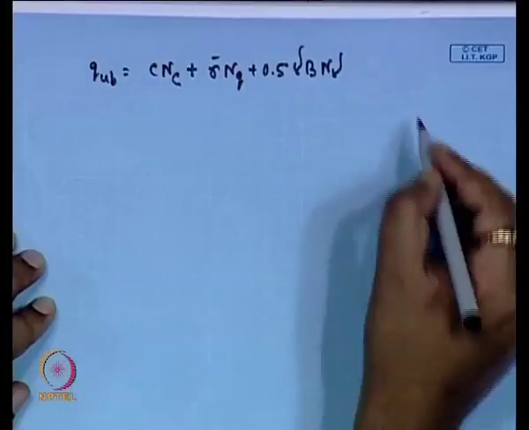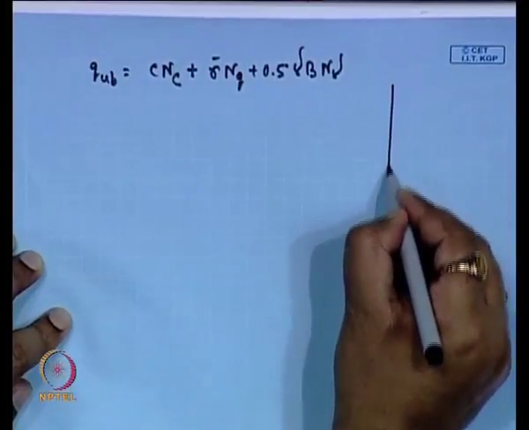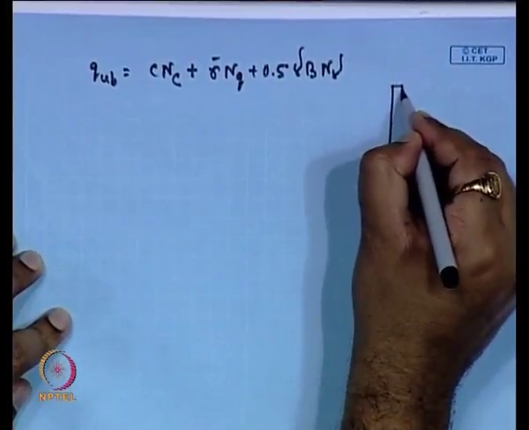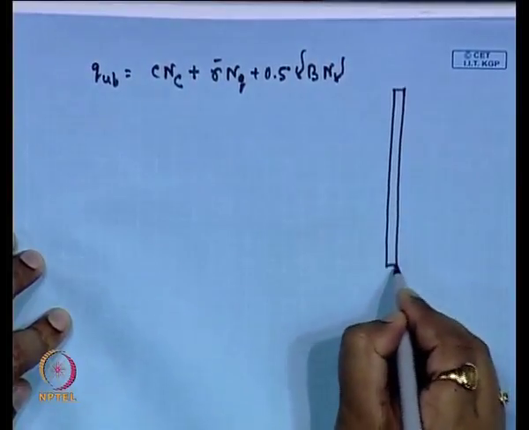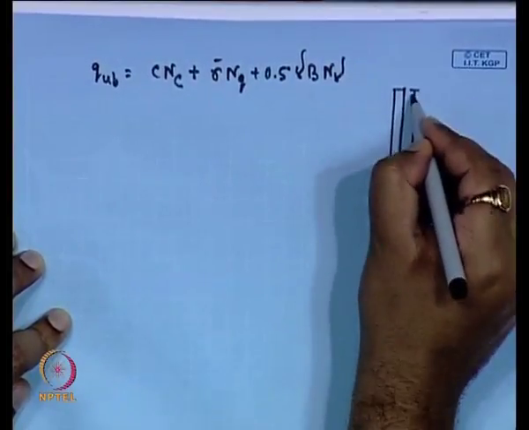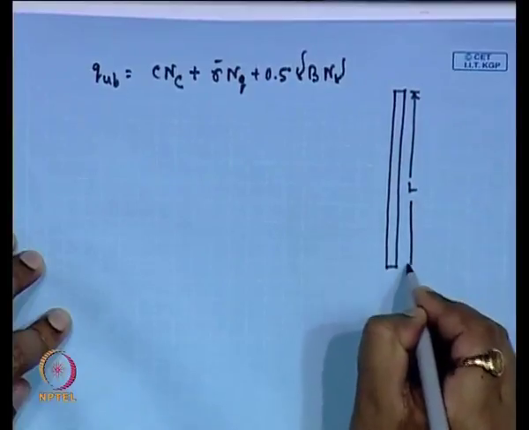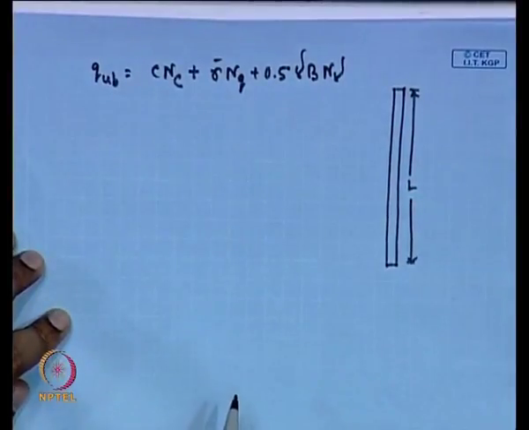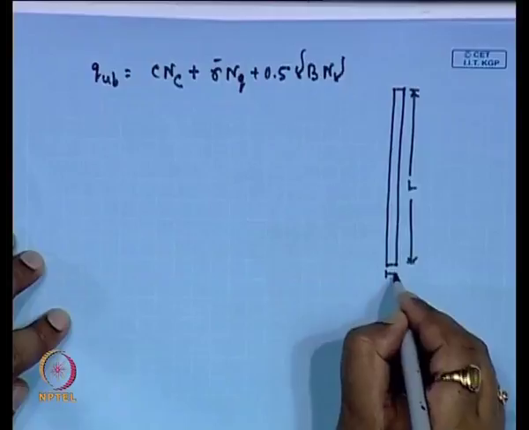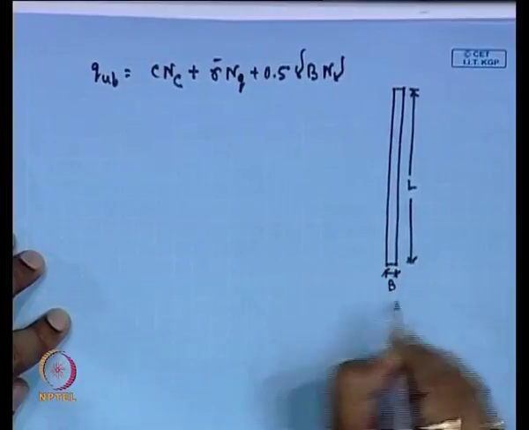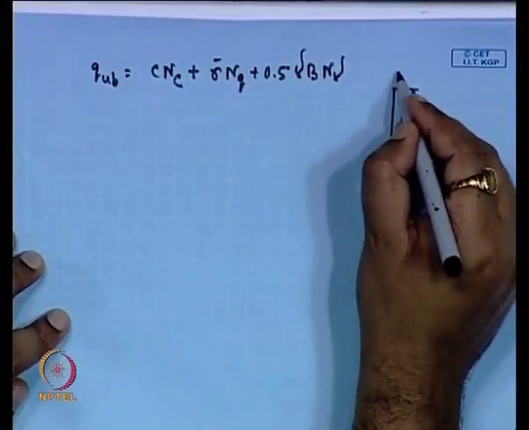And now, suppose this is the pile we are talking about, this is the total length of the pile, and this is B or D, the diameter of the pile.